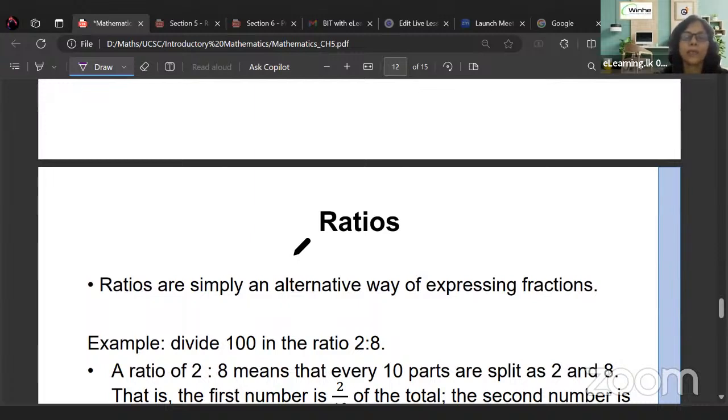Here in the example it says divide 100 into the ratio 2 to 8. How do we do this? How do we handle a ratio 2 to 8, for any given number divided into the 2 to 8 ratio?